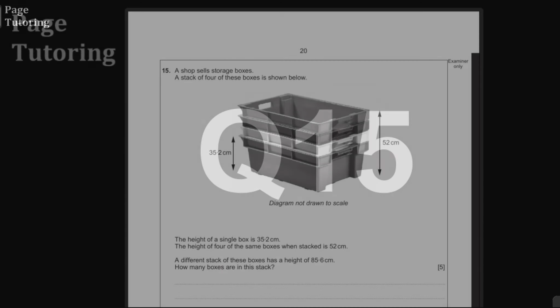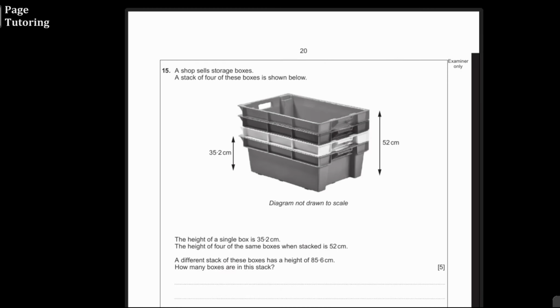Question 15. We can see there's a big diagram here with lots of little measurements on. And we can see at the bottom of the diagram it says not drawn to scale, which gives us the loud hint not to use our ruler in this case. So it says a shop sells storage boxes. A stack of 4 of these boxes is shown below. So we can write here there's 4 boxes.